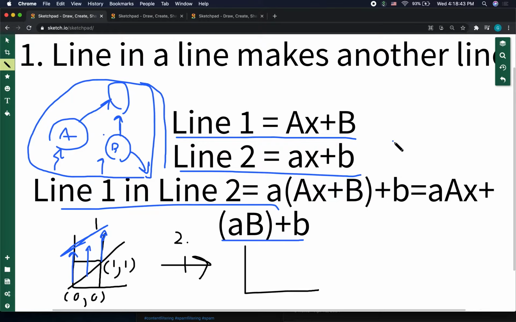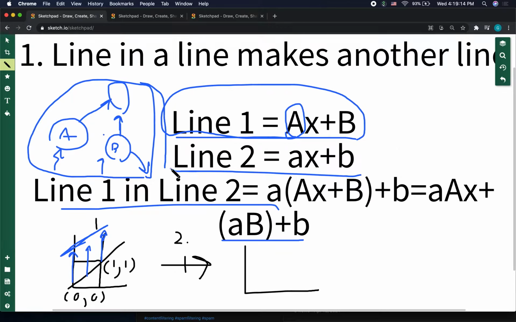To explain that, I'll give a couple of explanations. One is the mathematical way: all lines are a form of ax plus b, or mx plus b, depending on who taught you. The a or m is how fast it goes up and down, and the b does the position. Does it start at this point, or at that point? So it moves it up and down the graph or side to side.